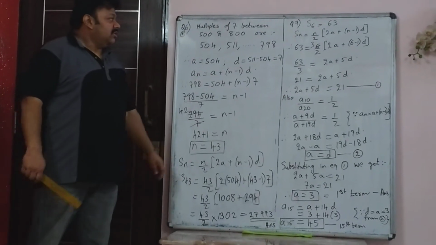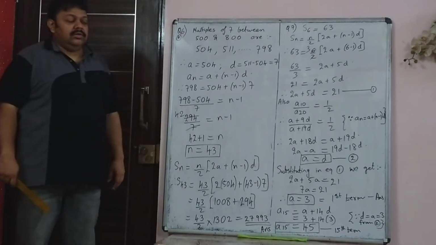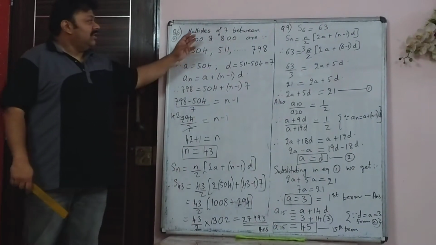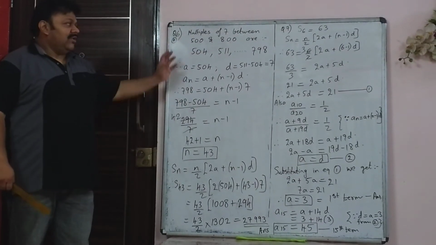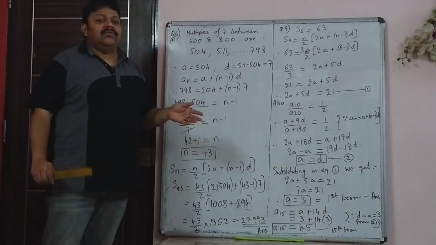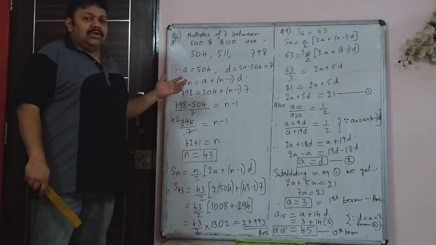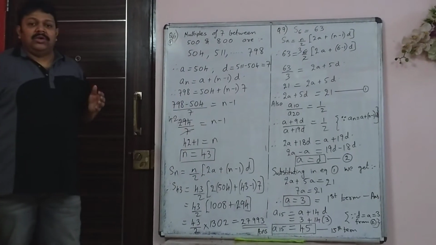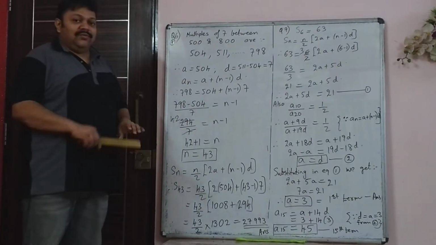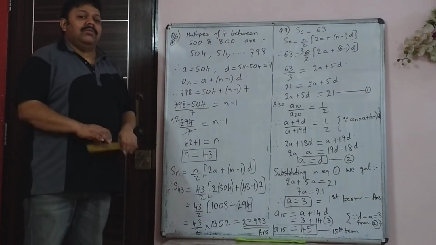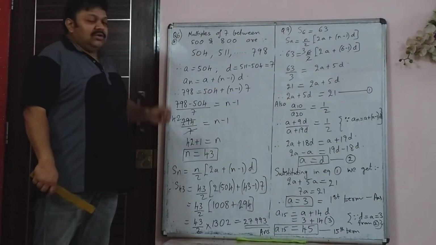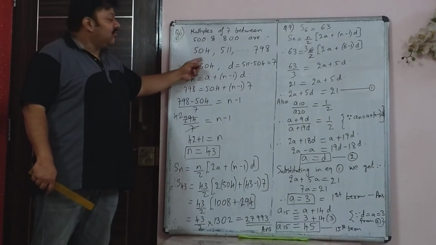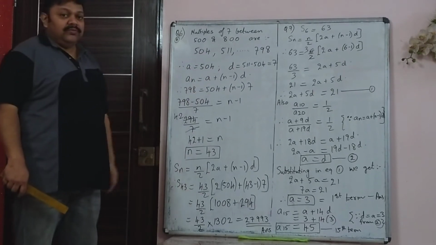In question number 6, you are asked to find the sum of all the multiples of 7 which lie between 500 and 800. First of all, 500 and 800 are not part of the AP because they are not multiples of 7. When you divide 500 by 7, you don't get a perfect integer with remainder 0. So the first number perfectly divisible by 7 after 500 is 504, since 504 divided by 7 is 72.